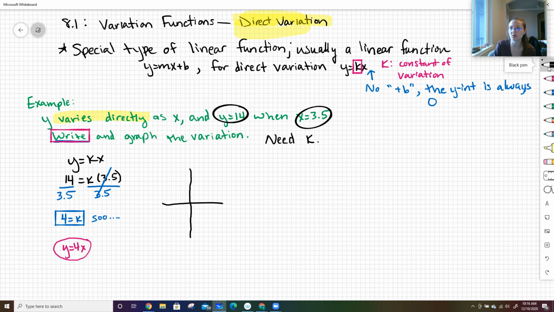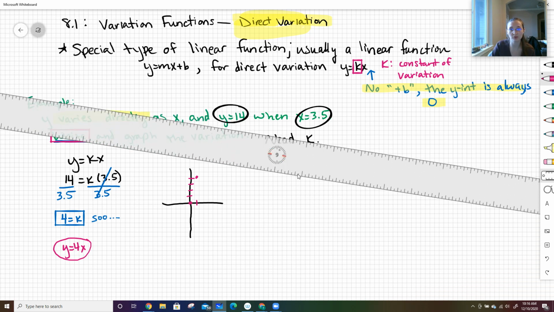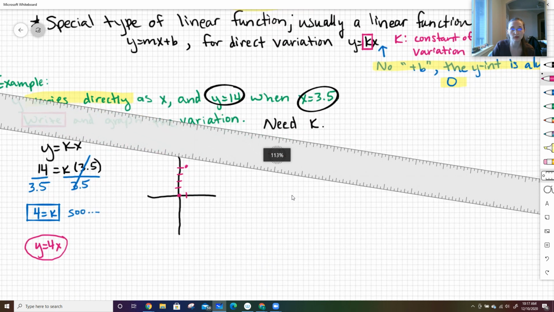The more I practice with this, the better I'll get. Okay, so we know the y-intercept is always 0. So I'm going to start at 0. And 4x means I'm rising 4, 1, 2, 3, 4, and running 1. So I'm going to go up 4 over 1, and I will draw that line. I don't know why I didn't pull the ruler out to begin with. Here we go. Whoa.